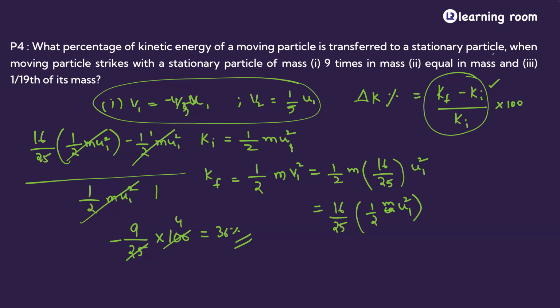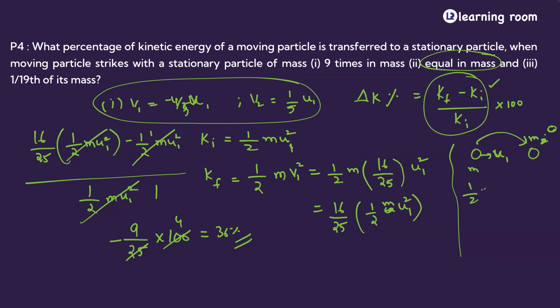So in this case, when it is of equal mass, it is actually simpler. If there is an object of mass m moving with speed u1, and it is colliding with another object of mass m which is at rest, then it will transfer all its velocity to the other. So the first particle will come to rest, the second particle will start moving. So how much energy is going to get lost?